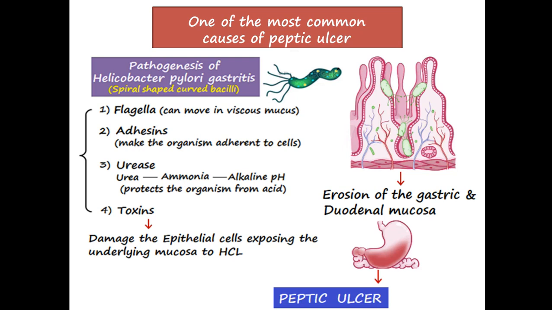And once the mucosa has eroded, and the superficial necrotic debris is sloughed off, we see the formation of cracks or holes known as peptic ulcers. In case of gastric mucosa, it will be a gastric ulcer, and in case of duodenal mucosa, it will be a duodenal ulcer.